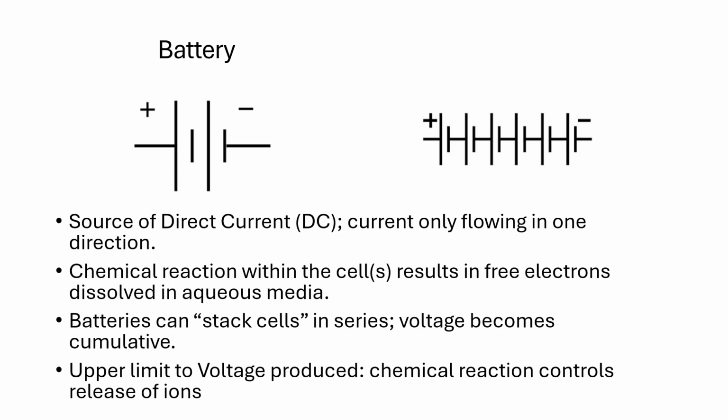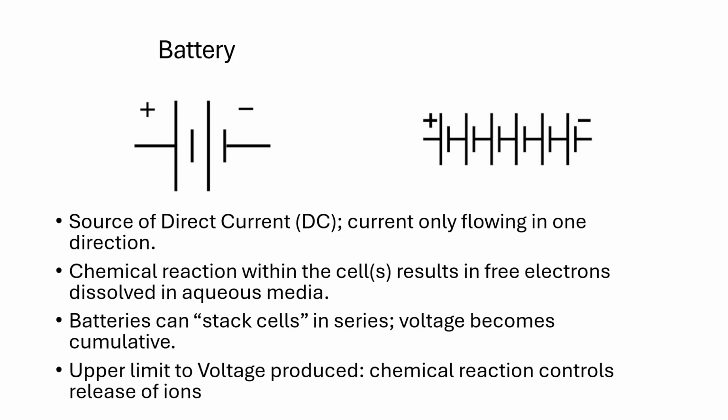Remember, voltage is cumulative in series. So if you have one cell and then you stack another cell in series, on the left we have two cells. On the right we have 1, 2, 3, 4, 6 cells on the right. Both of those are batteries. The one is a 6-cell battery like you see in a car. The other is a 2-cell battery like you see in a AA battery.